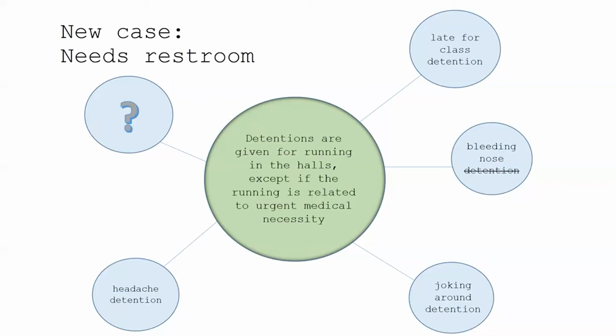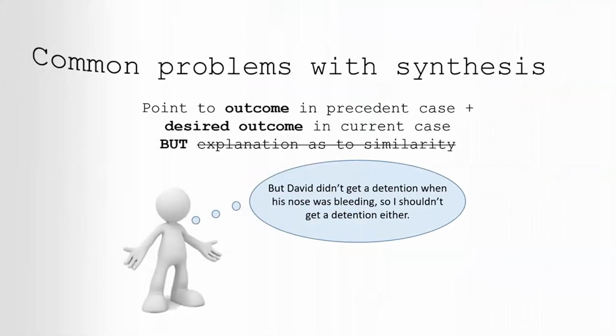And we would try and distinguish the case about the headache and say, well, this is not comparable to the headache because there was urgency involved. A headache can wait. Needing to go to the restroom perhaps cannot. So this is all about making an argument. So using precedent cases, synthesizing a new rule, and then making an argument based on the prior cases to show how they're similar or different.